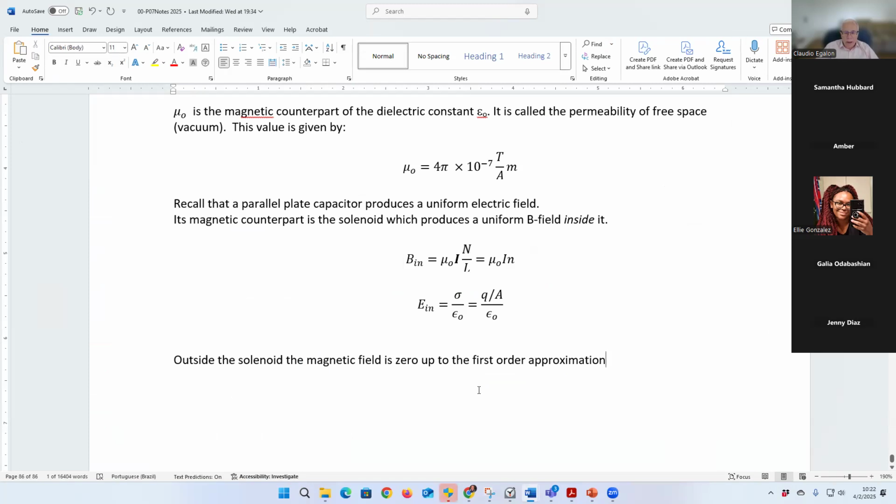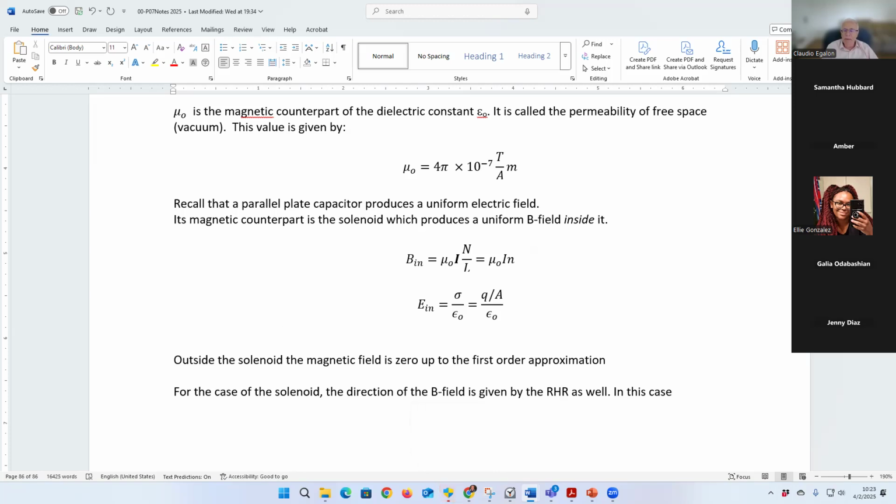Outside, for the case of the solenoid, the direction of the B field is given by the right-hand rule as well.